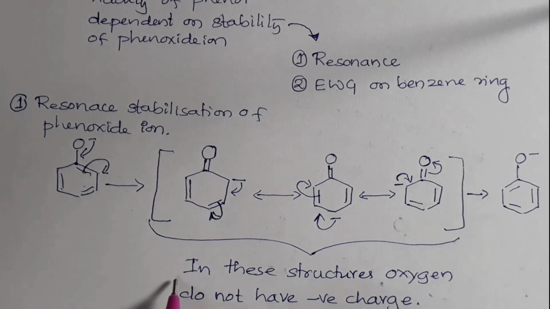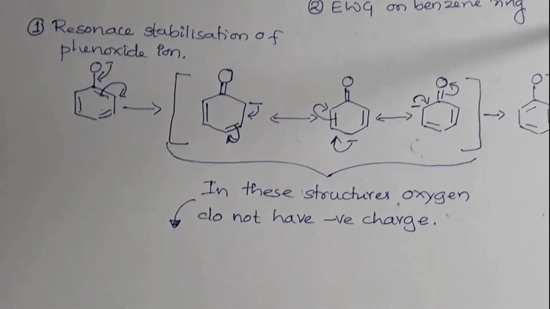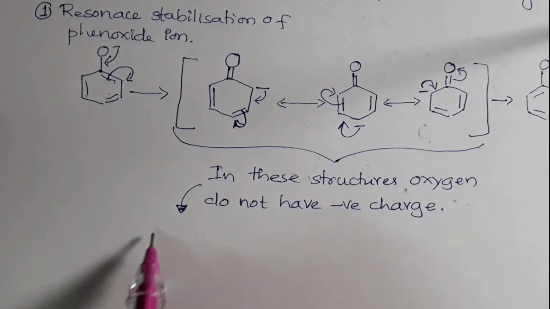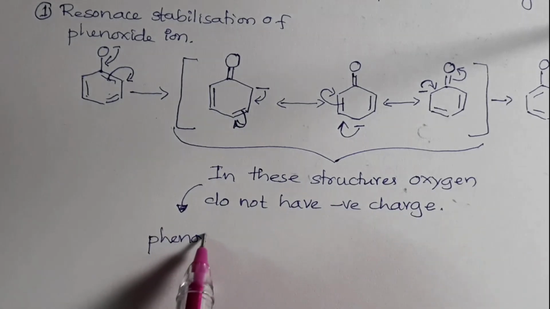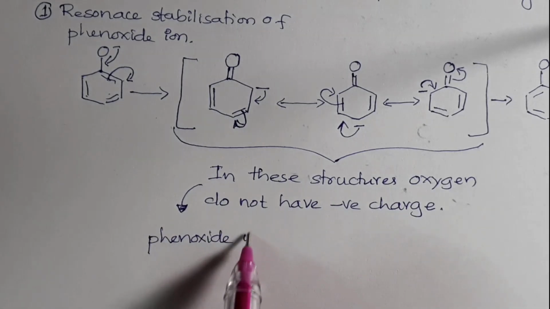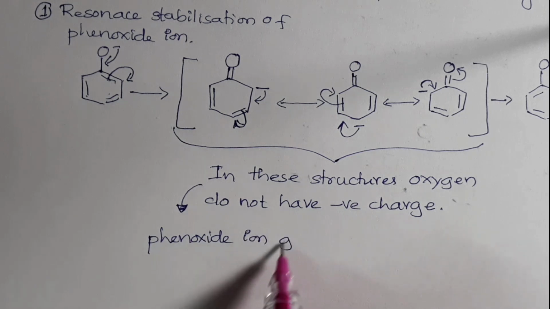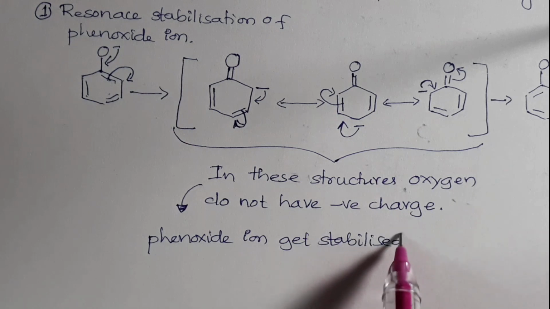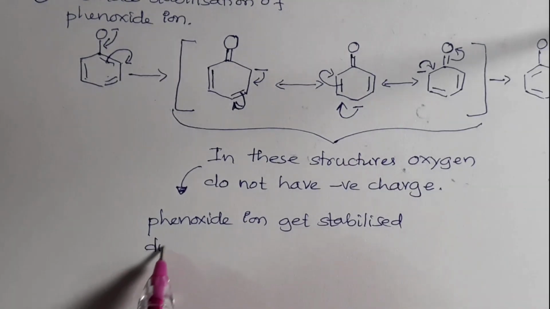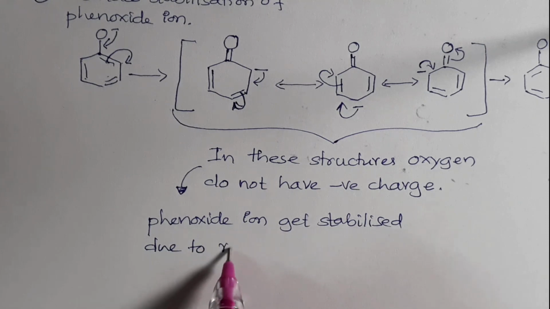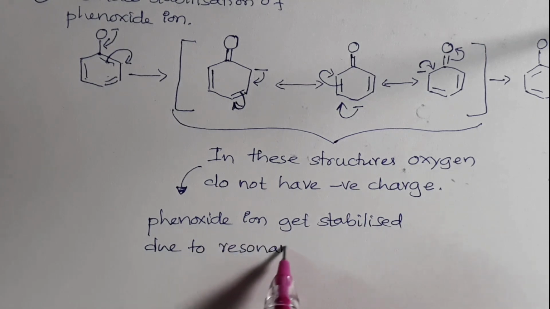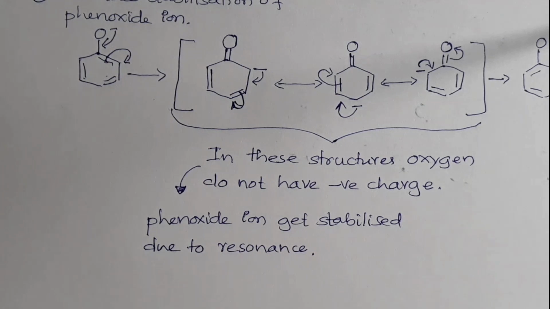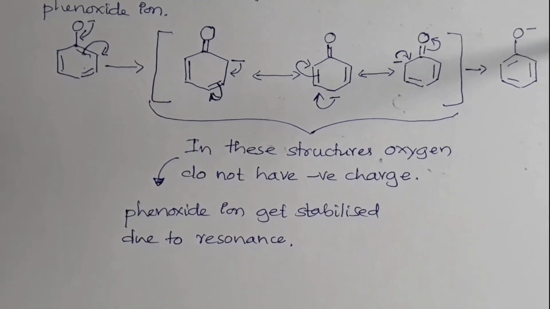So this suggests something very interesting. It suggests that phenoxide ion is stabilized. Phenoxide ion gets stabilized due to resonance. This is the explanation we can provide for the resonance stabilization of the phenoxide ion.